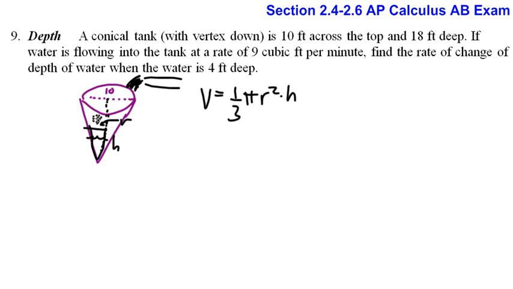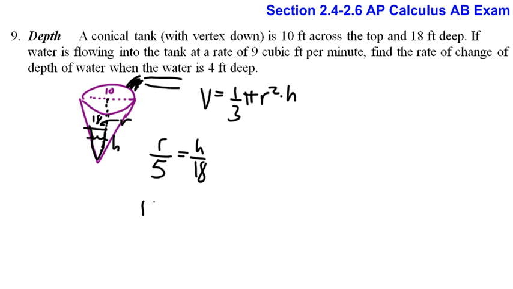I can say my radius R is going to be divided by my radius up here. What's my radius up here? Just 5, right? So the radius of my small triangle and the radius of my big triangle is 5. Now my height of my small triangle is H, and my height of the big triangle is 18. So let's go ahead and solve for R.